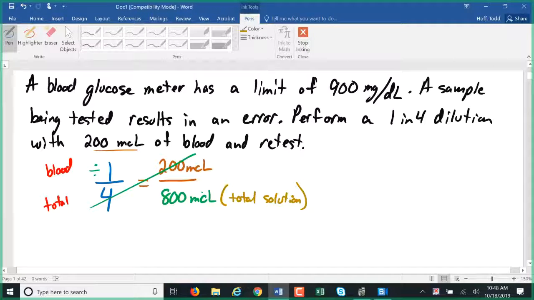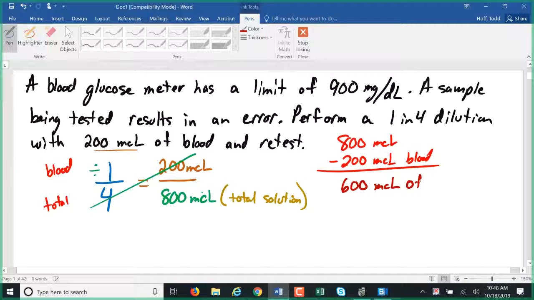So to perform that dilution, we need 800 microliters total solution. We're using 200 microliters of blood. That means we are going to be adding 800 minus 200, which gives us 600 microliters of saline. So that performs that 1 in 4 dilution.